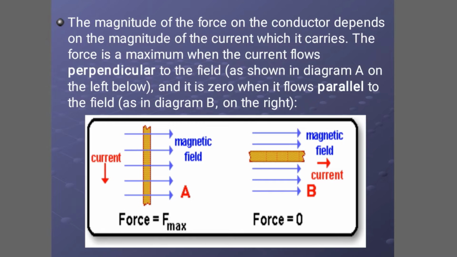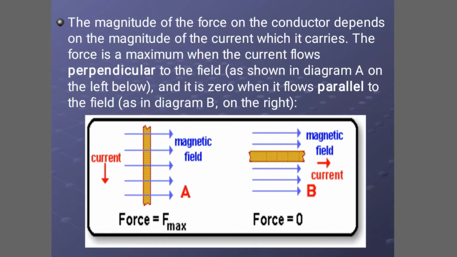The magnitude of the force on the conductor depends on the magnitude of the current which it carries. For example, take a conductor made of copper wire. The current direction is shown by the thumb, and the current and the flux are shown by our folded fingers. The force is a maximum where current flows perpendicular to the field.